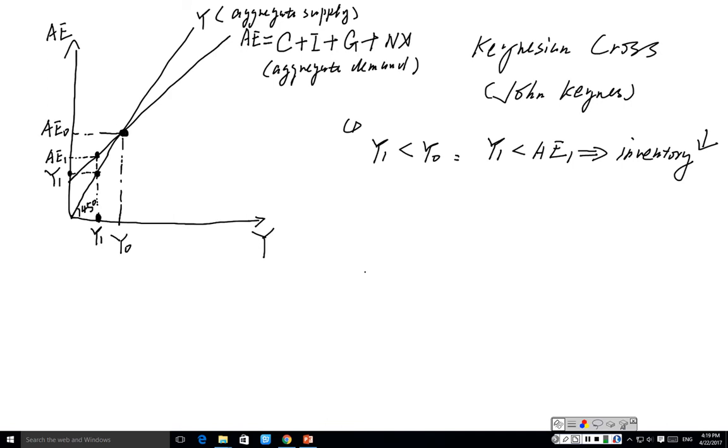They are gone quickly, which means the inventory level drops. If the inventory level drops, it sends a signal to the managers of the firms: demand is strong, firms need to produce more goods and services. So firms will decide to produce more in this case.